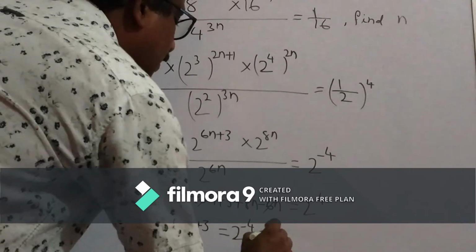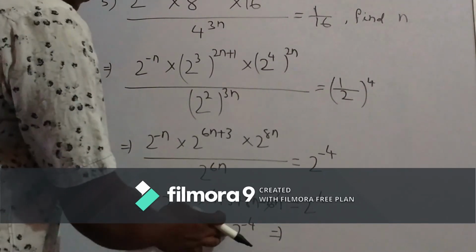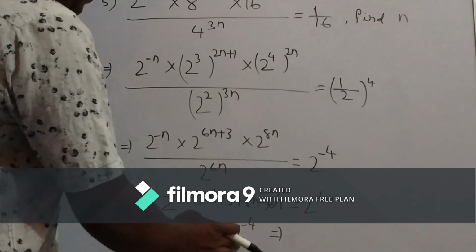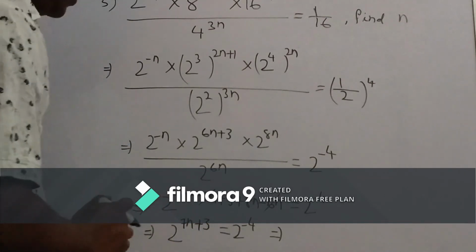Implies, both sides you see, the formula I have told you: is equal to is there in between, both sides base is same, 2 is same. So if base is same, power must be equal.